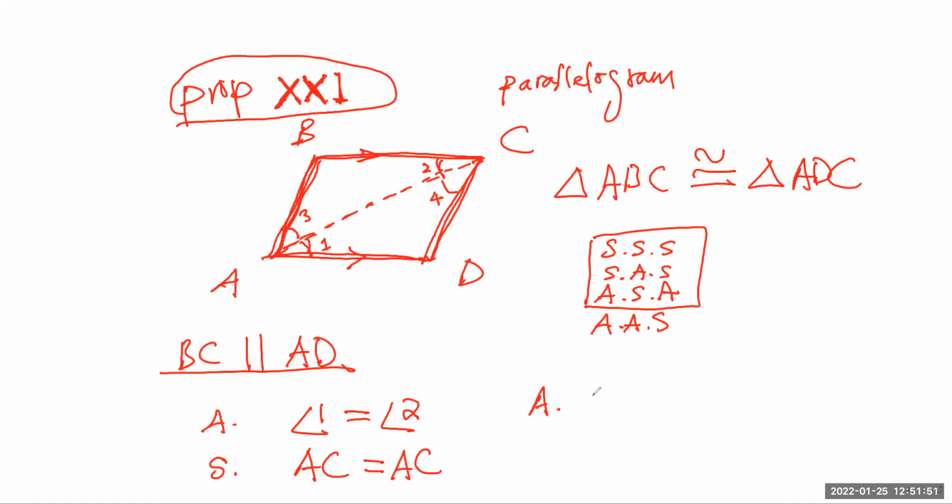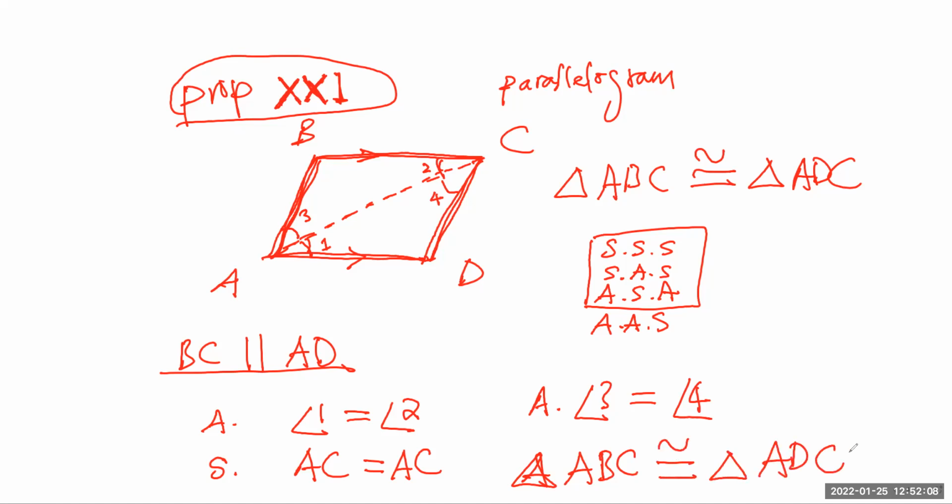So 3 and 4 are congruent. Therefore, triangle ABC is congruent to triangle ADC. Good? Yep. We got angle, side, angle.